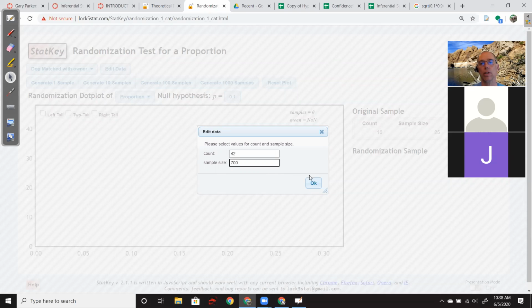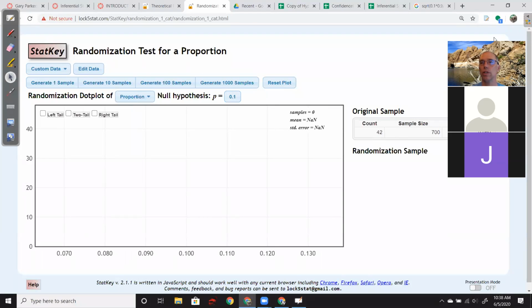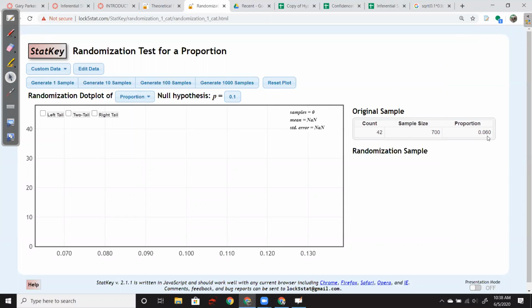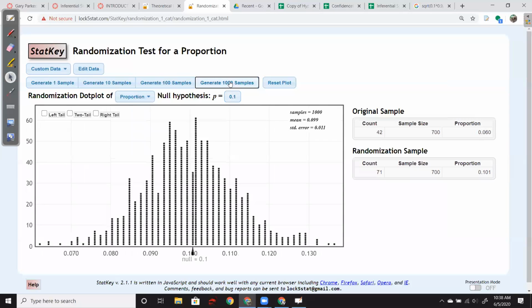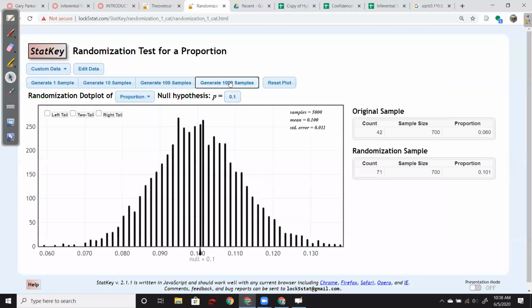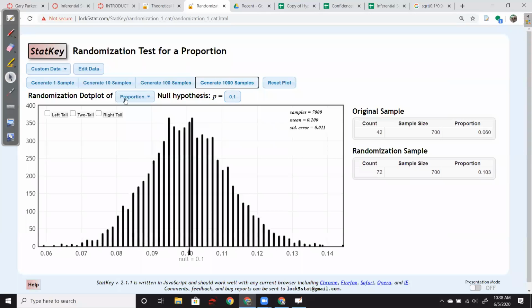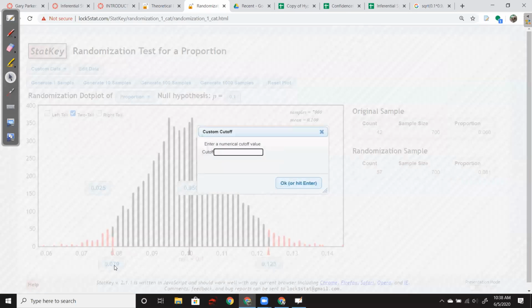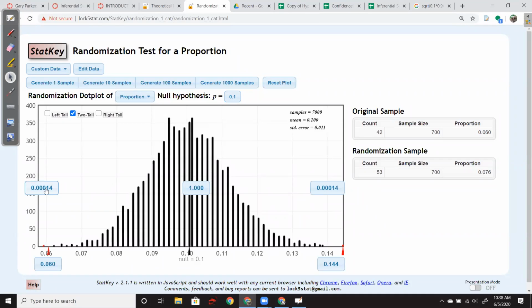Then over here, that should show me the 6% if I did it right. Then I just start generating thousands of samples. This should give me about the same answer for a two-tail, but I still have to come down here and enter my sample number, 0.06. And the simulation got it a wee bit smaller. This one says 0.0001 instead of 0.0002.